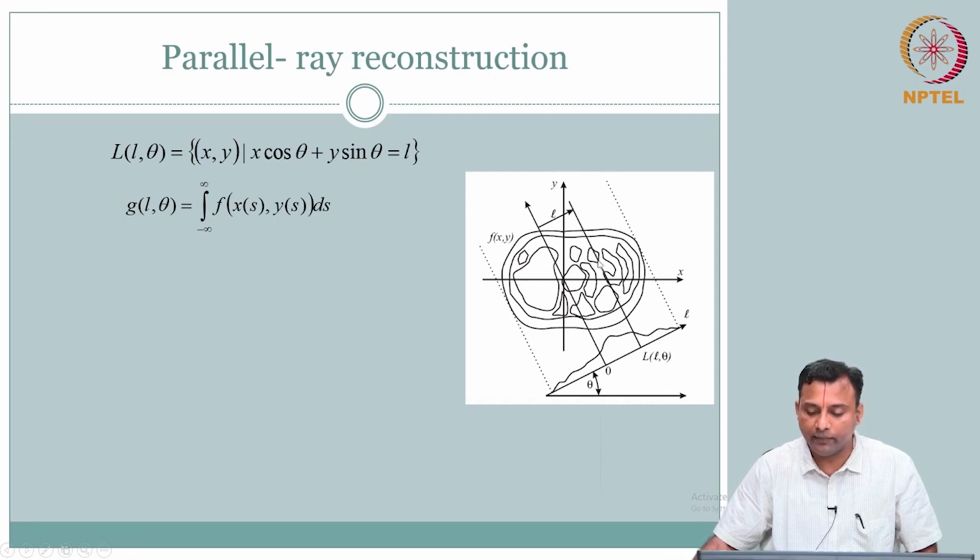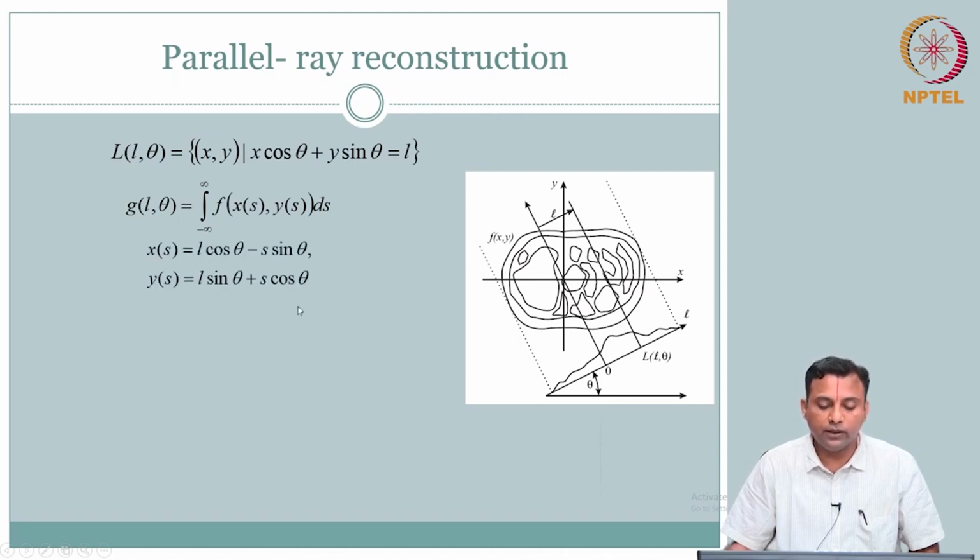So your g of l comma theta is nothing but the sum along this line, that is this value. So g of l comma theta, which is your projection, is nothing but the sum along the line segment. Okay. Clear. So this is our line integral that we covered.